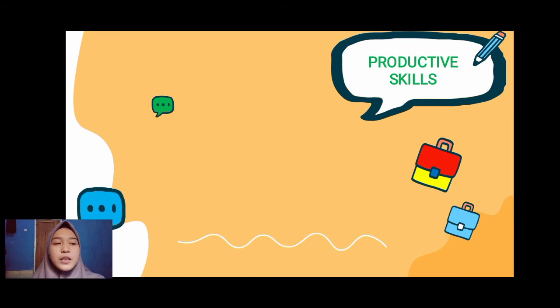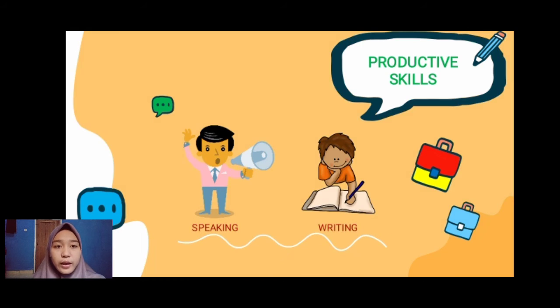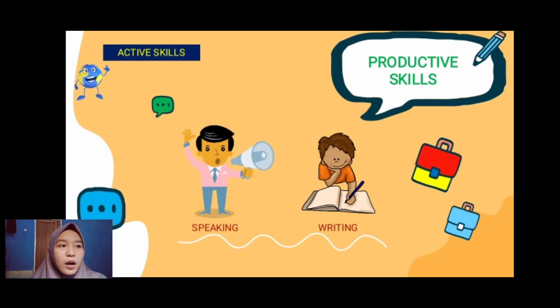Friends, productive skills are speaking and writing, because learners doing this need to produce language, and they are also known as active skills, while reading and listening are receptive skills.